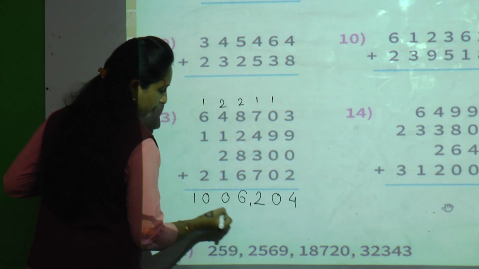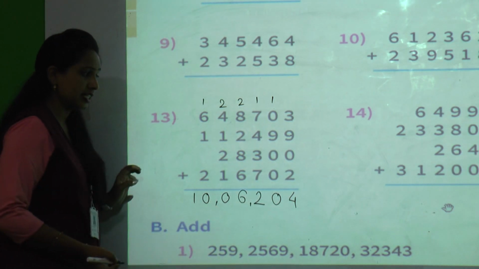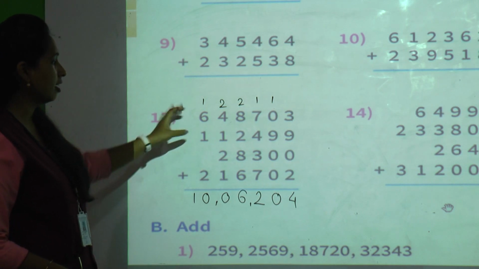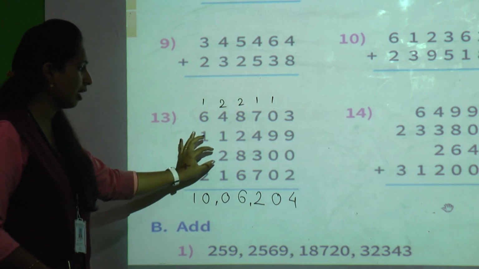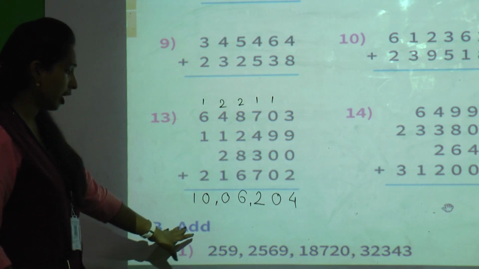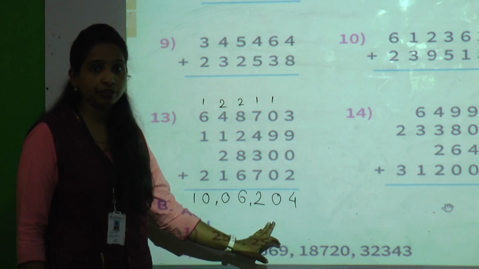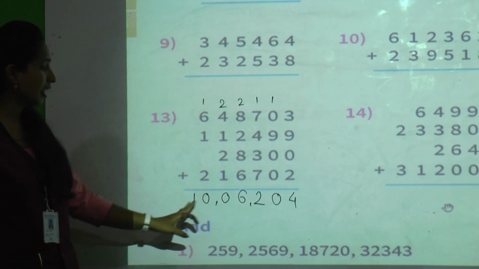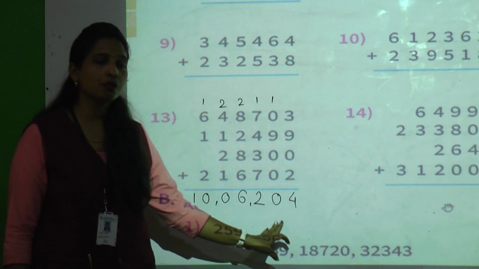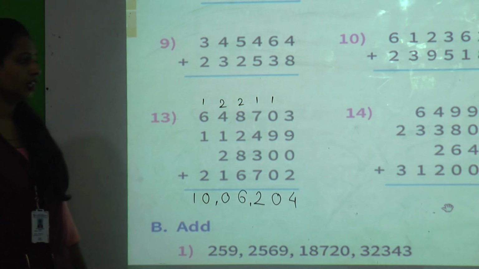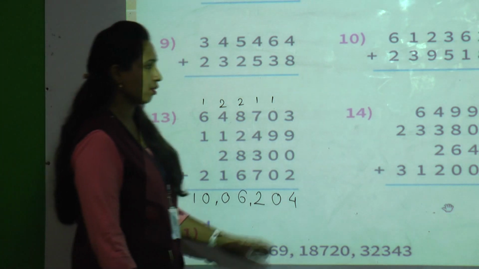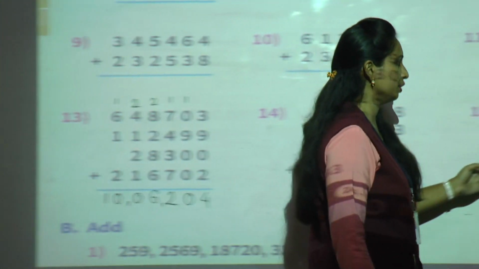Give comma after 2 digits, after 2 digits. See, when we have added 3 6-digit numbers and 1 5-digit number, we got an answer with a 7-digit number. So the number is 10,06,204. Got it? Now I will solve 15th one for you.